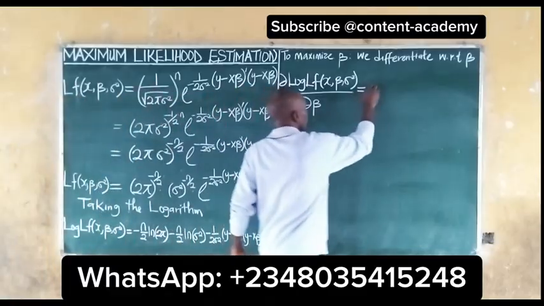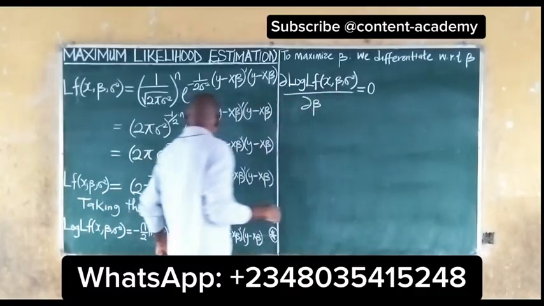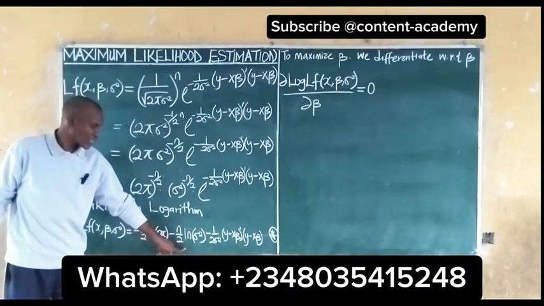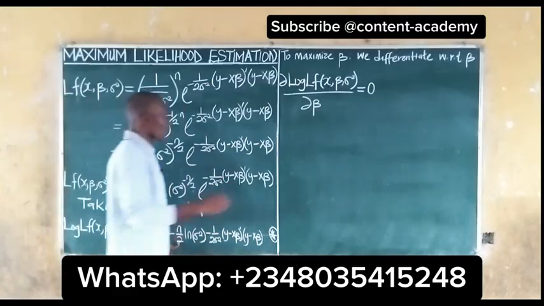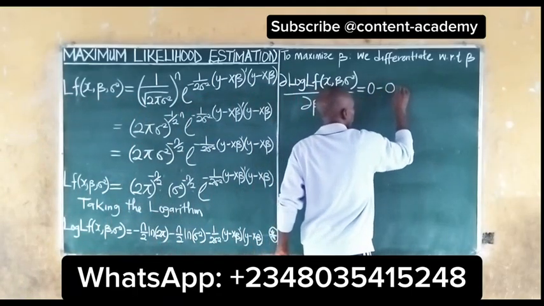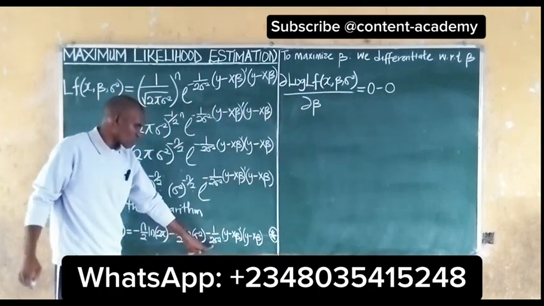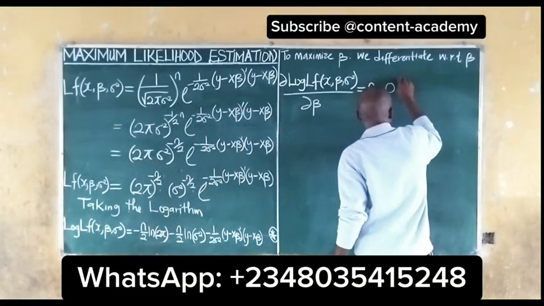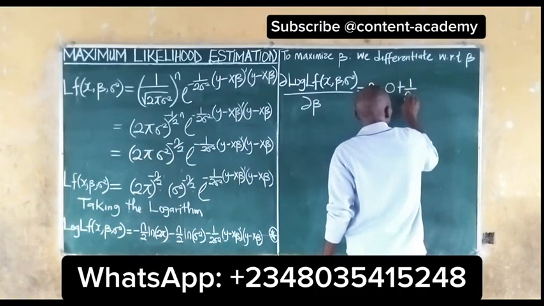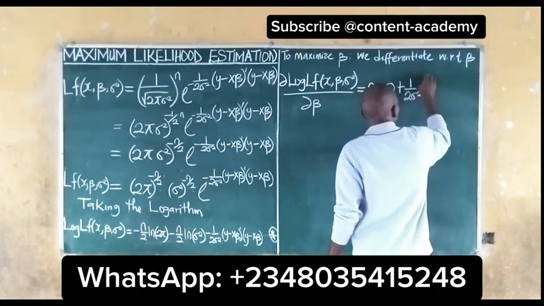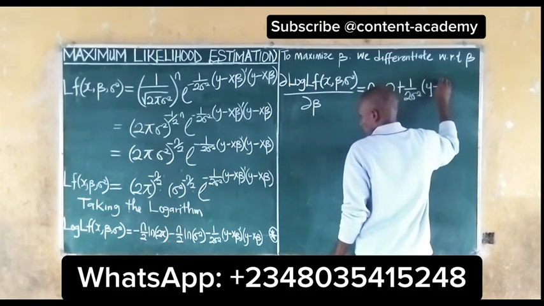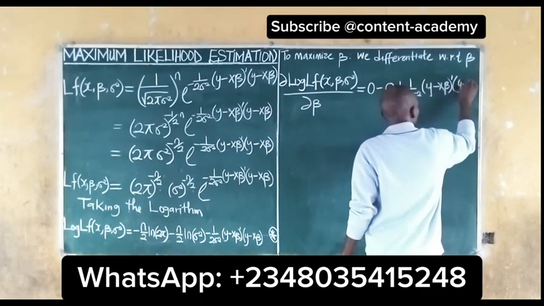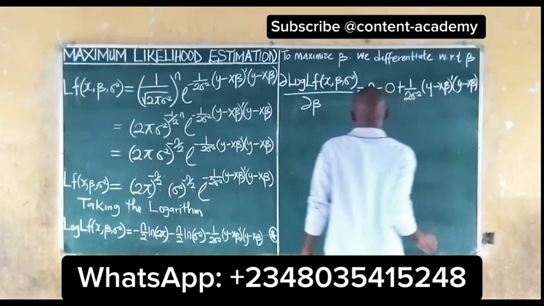Also here, we get 0 because there is nothing like beta here, so we write minus 0. Now we differentiate this with respect to beta and you get plus 1 all over 2 sigma squared into the regression normal equation, y minus xb.